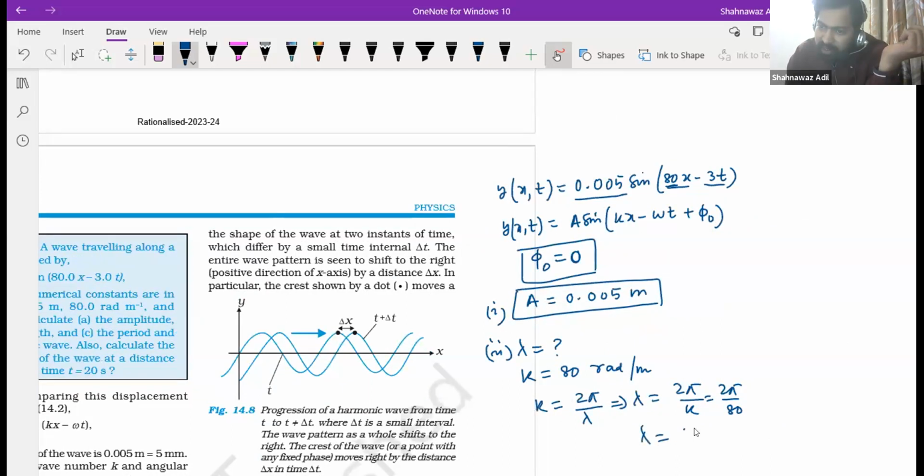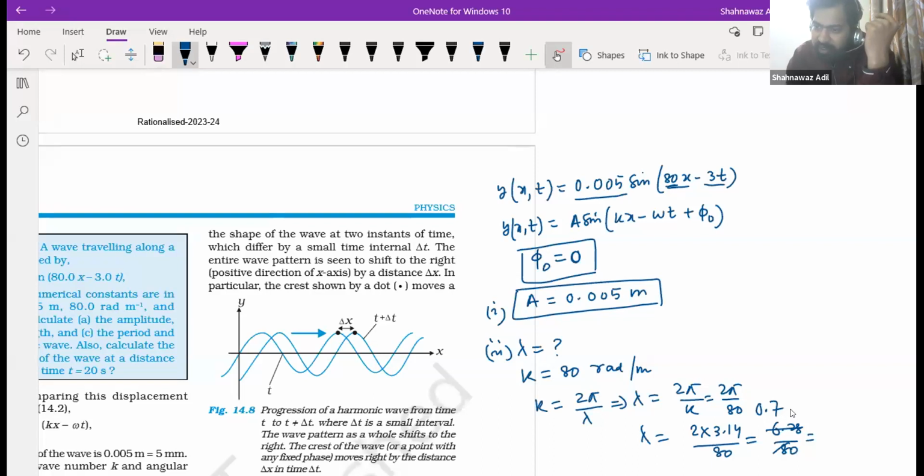Lambda is 2 pi, which is 3.14, right? So 2 into 3.14 divided by 80. So 6.28 divided by 80. So how much is this? We can write this as 8 sevens, right? So 0.7.